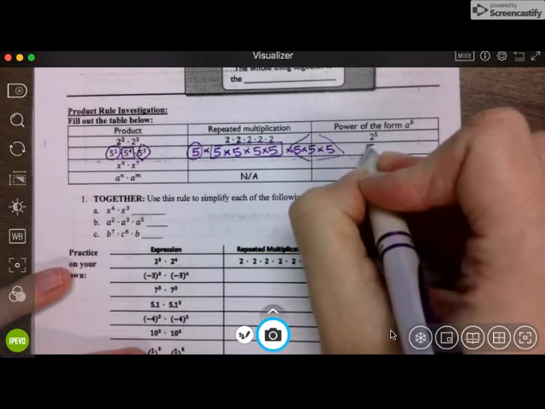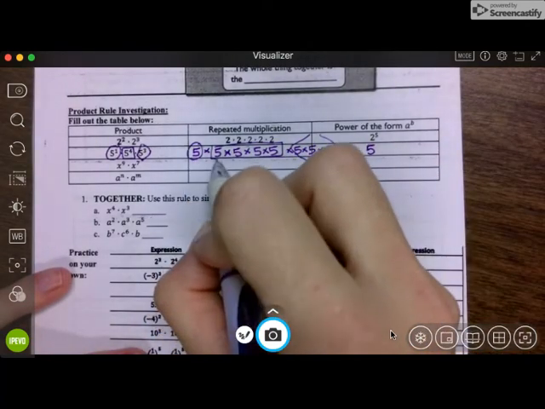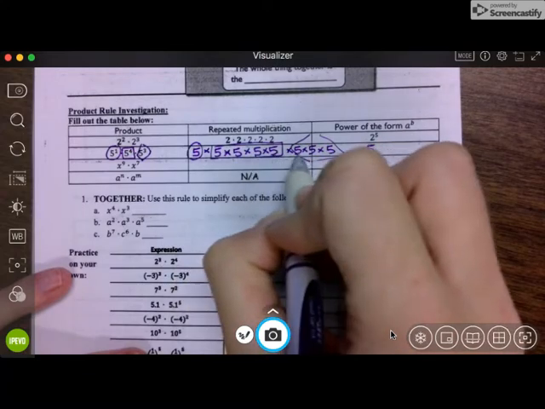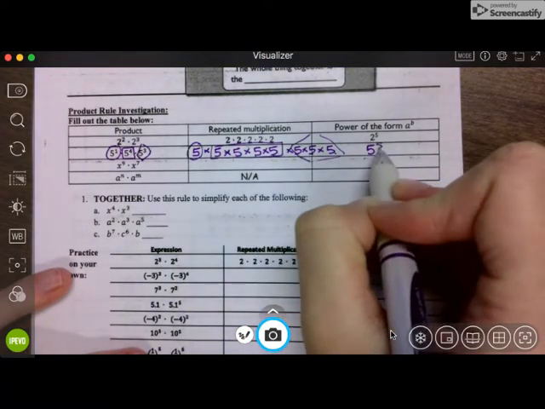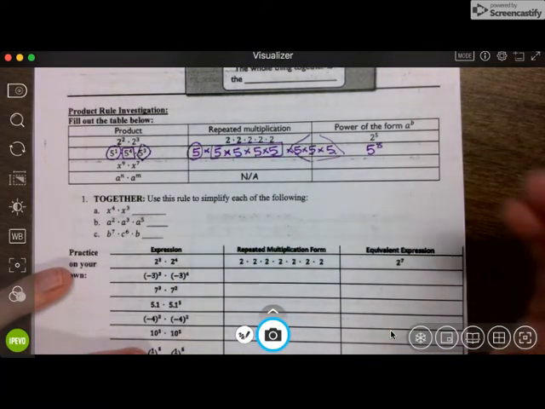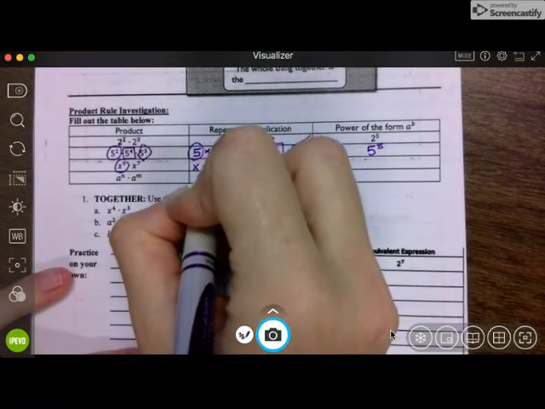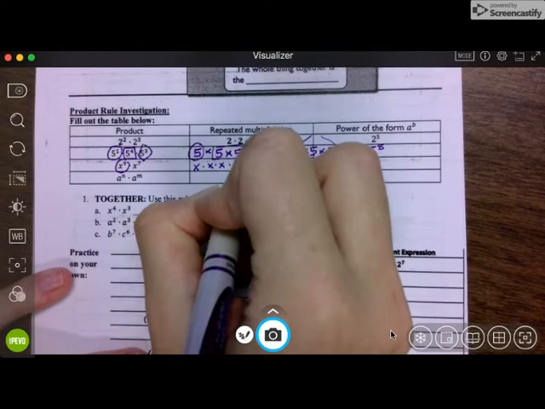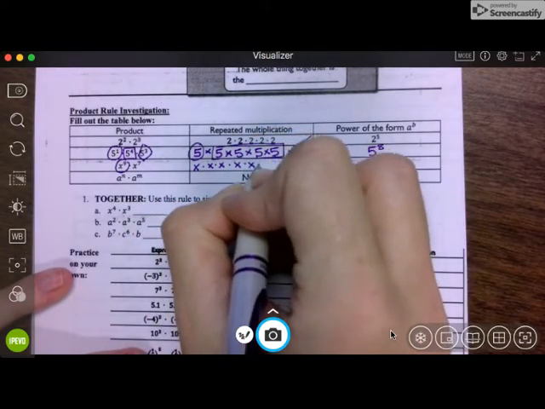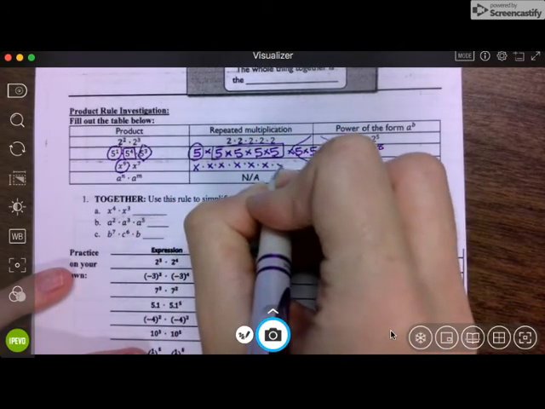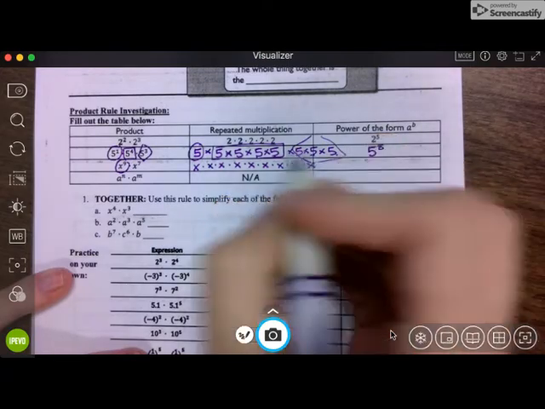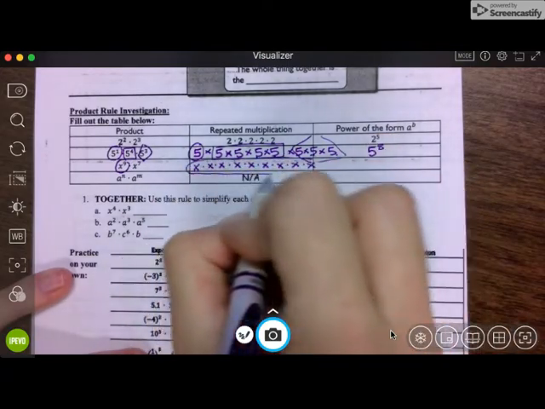And then we put it all together, and we have 5 to the 1, 2, 3, 4, 5, 6, 7, 8. Okay? This one, we have x to the 9. Oh my gosh, I don't have room for all of these, do I?